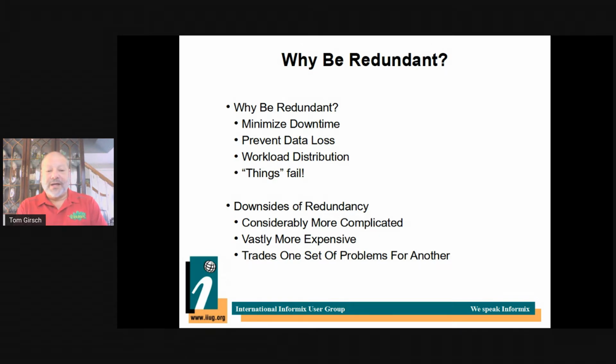You also solve a bunch of problems, but introduce some with redundancy, and we'll get to some of that too. I'm going to cover a lot of that in some real world examples of things I've actually encountered over my decades-long career. So my misfortune becomes your cautionary tale, and hopefully a lesson to improve your environment.